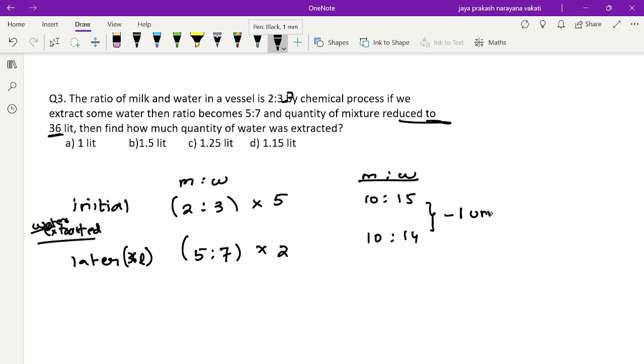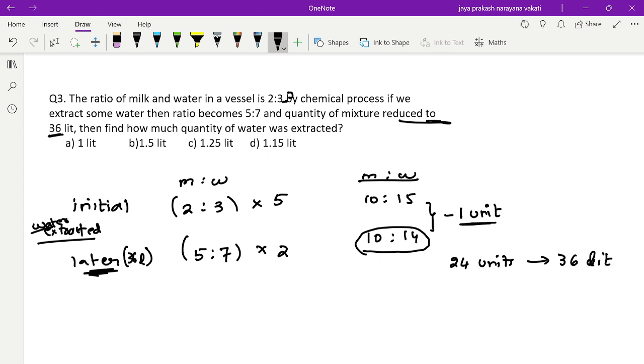So simply here, how much has been extracted? 1 unit, 15 minus 14. It's given the later quantity, correct? So if you observe, 10 plus 14, so 24 units is how many liters he mentioned? 36 liters he mentioned. So 24 units is 36 liters.